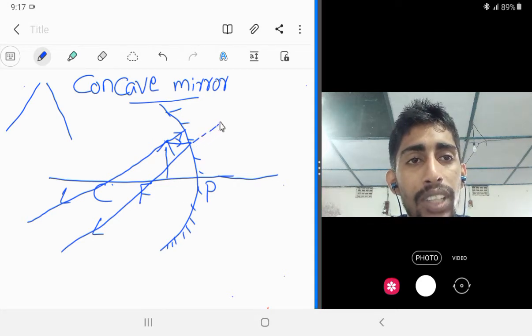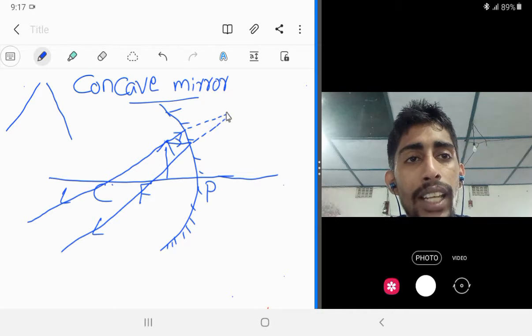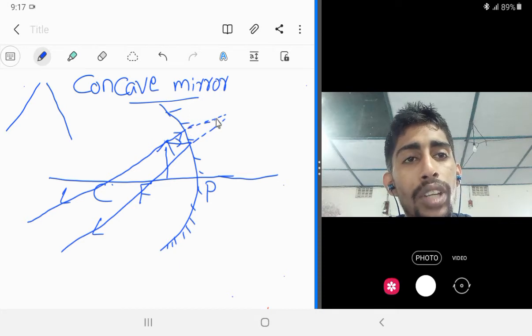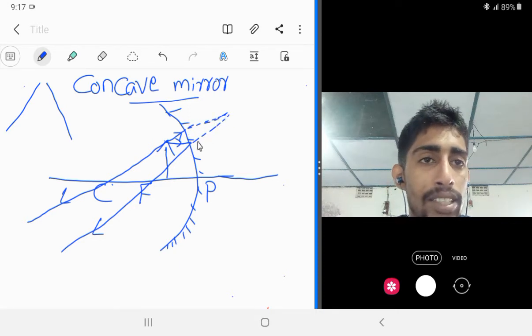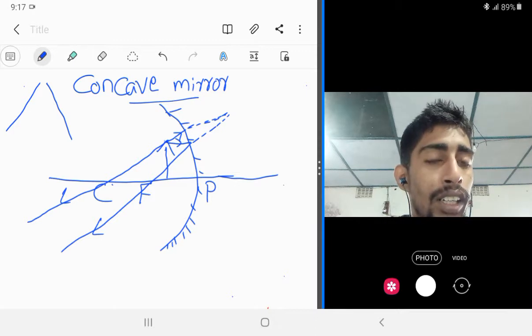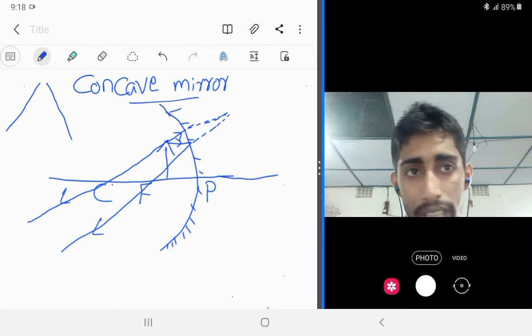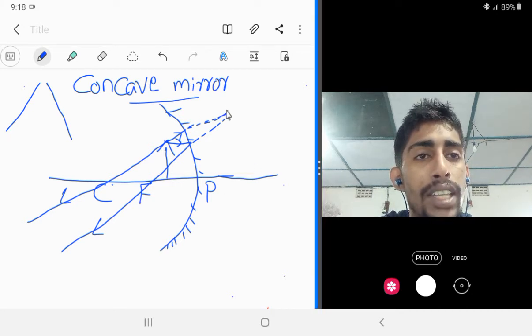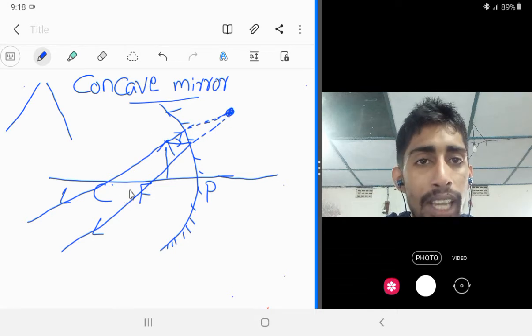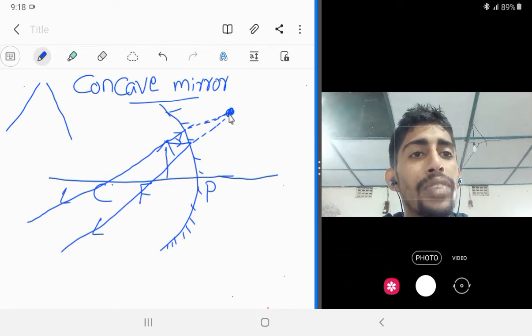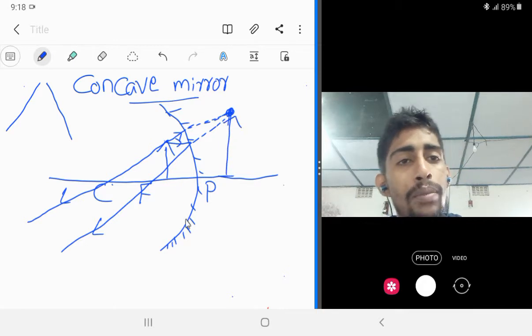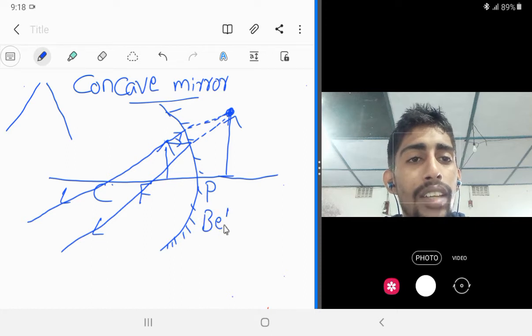This extended light rays we denote with dotted lines, not with the straight ones. If we extend the reflected light rays, at this point both the light rays will converge. So we will get the image at this point, which means we will get the image behind the mirror.